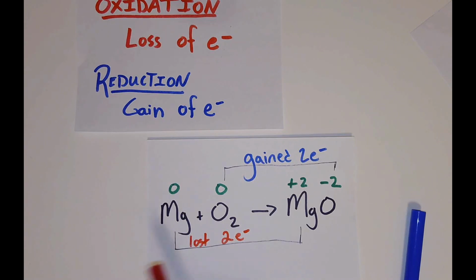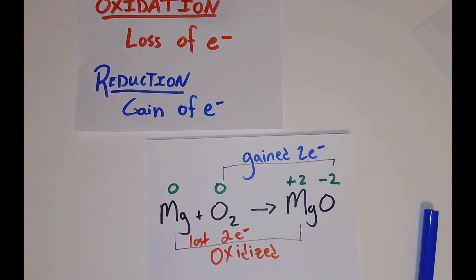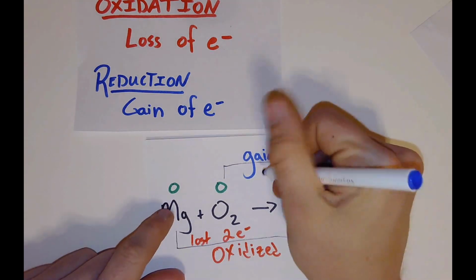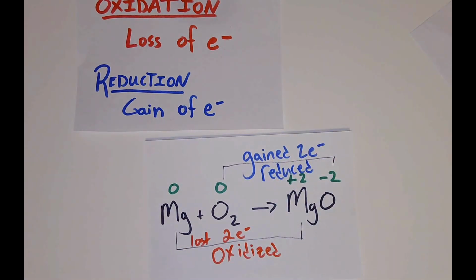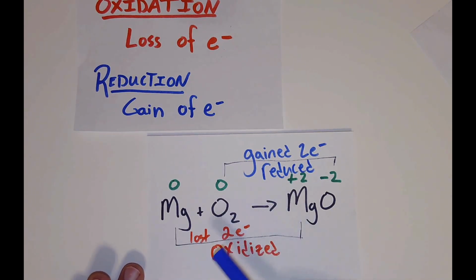So apparently, in this reaction, magnesium was oxidized, and oxygen was reduced. The gain of electrons caused reduction, and magnesium had oxidation happen to it.